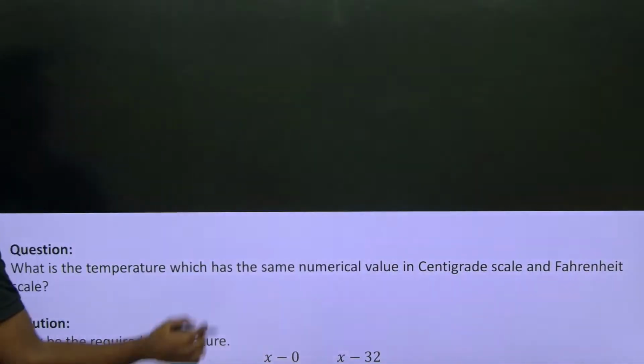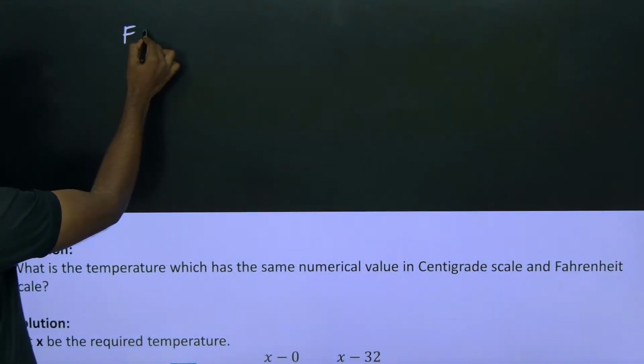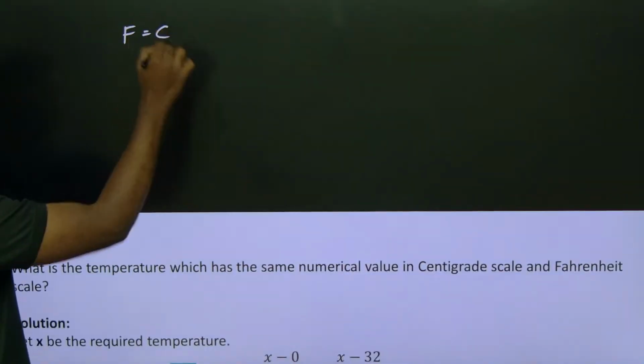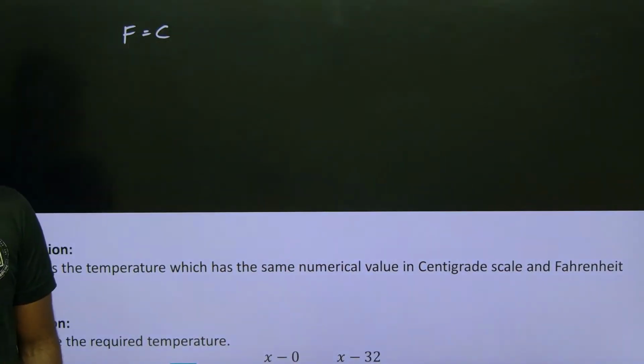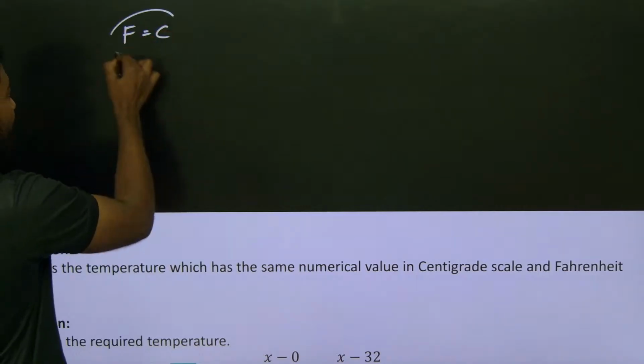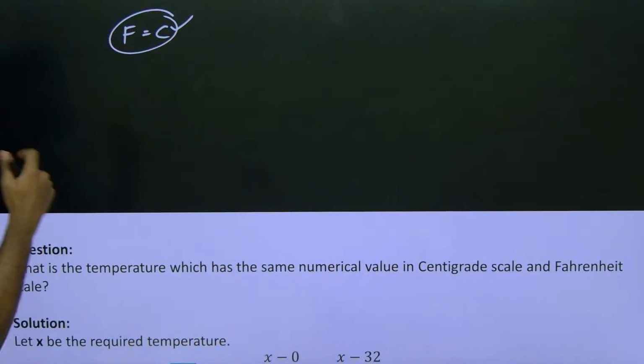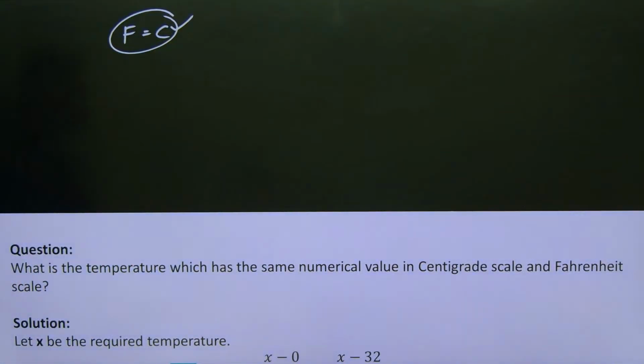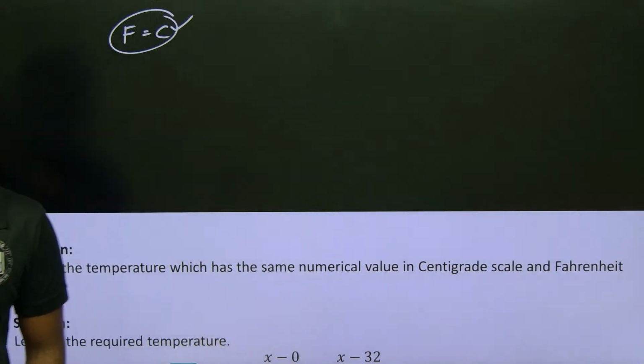The question is asking when the Fahrenheit scale is equal to the centigrade scale, right? Fahrenheit and centigrade are equal, then what is the temperature? So what is the temperature? Get it?